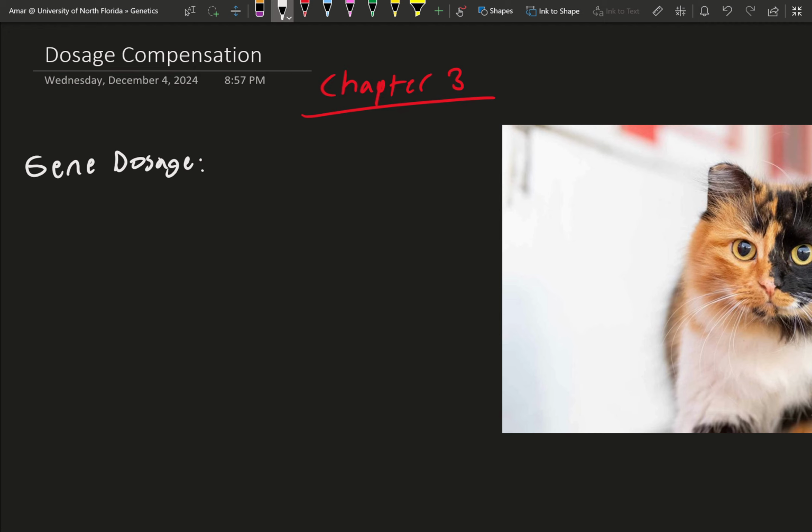To understand how allelic interactions work, you have to understand what gene dosage is. So gene dosage is essentially the number of genes present in the genome.